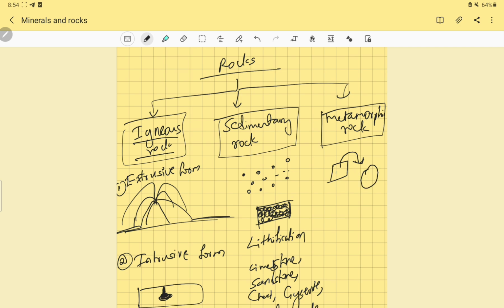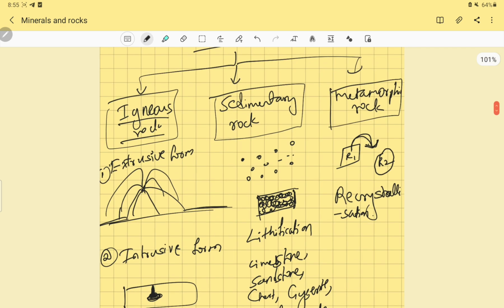So this is rock 1, this is rock 2. You form from rock 1 to rock 2 due to environmental conditions. So this is known as metamorphic rock, and this is formed when the rock undergoes recrystallization.